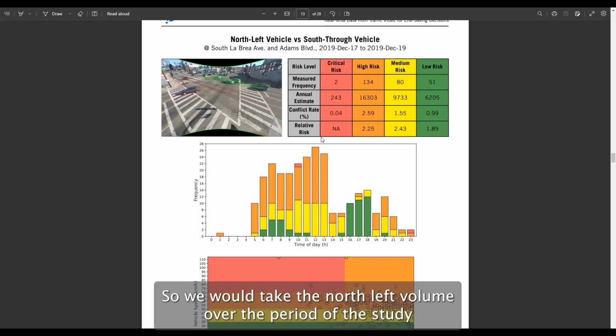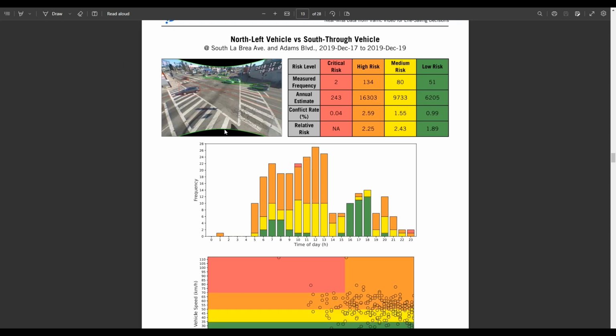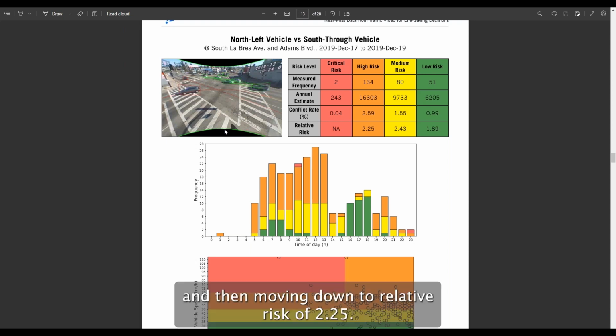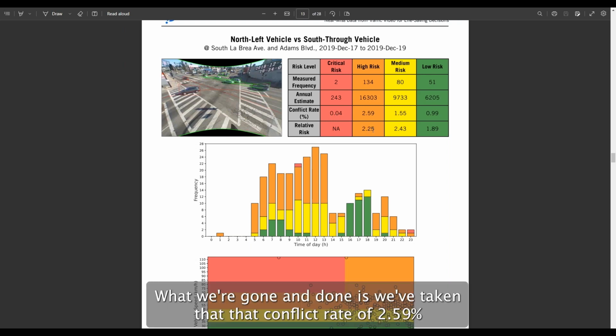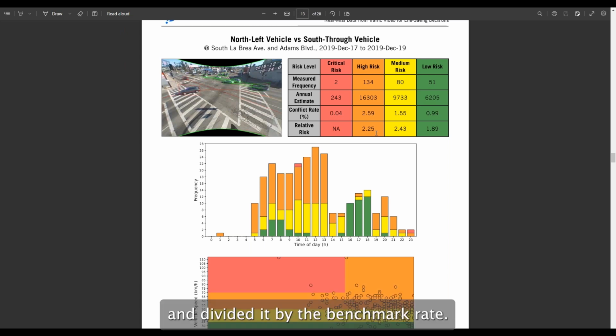So we would take the north left volume over the period of the study, and we do 134 divided by that volume, and we find that 2.59% of those north left vehicles are in a high risk conflict. And then moving down to relative risk of 2.25, we've taken that conflict rate of 2.59% and divided it by the benchmark rate.